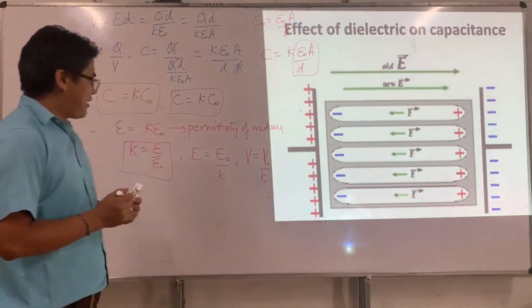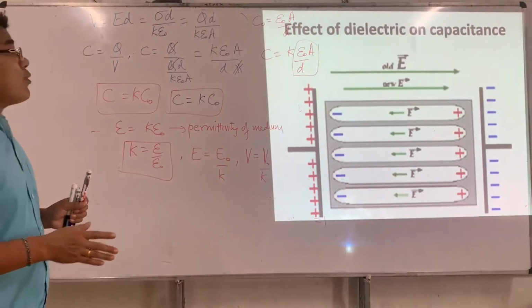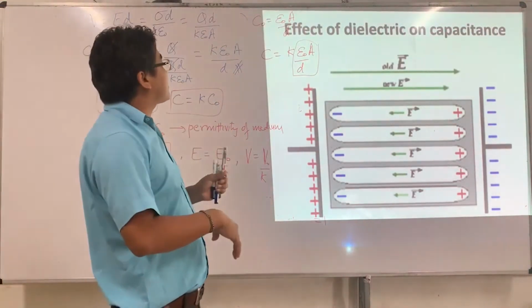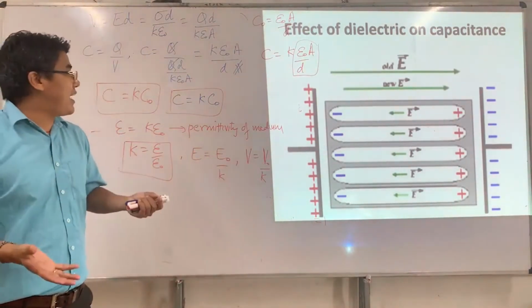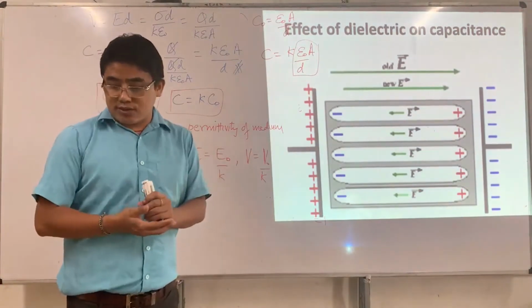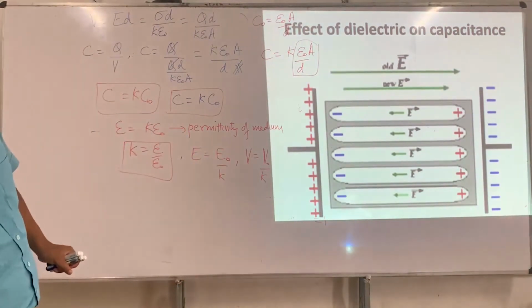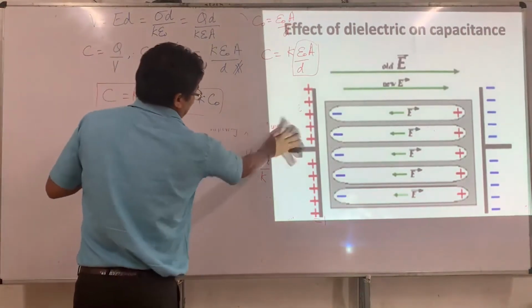I will discuss it later. These are the effects of dielectrics. When you put a dielectric inside a capacitor, the capacitance is going to increase, the permittivity is going to change, the electric field is going to change, and the potential is going to change. These are the effects of dielectric.